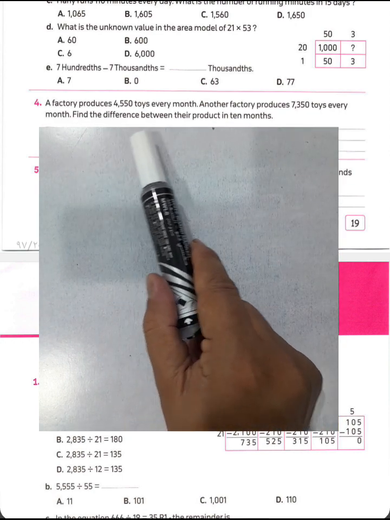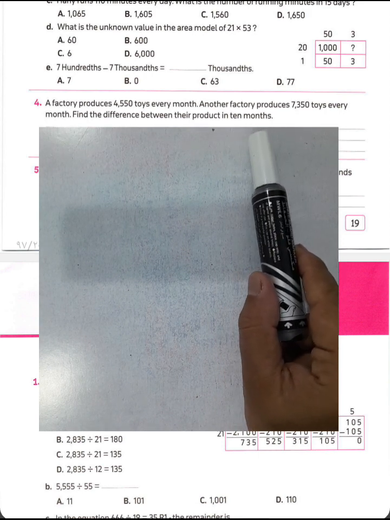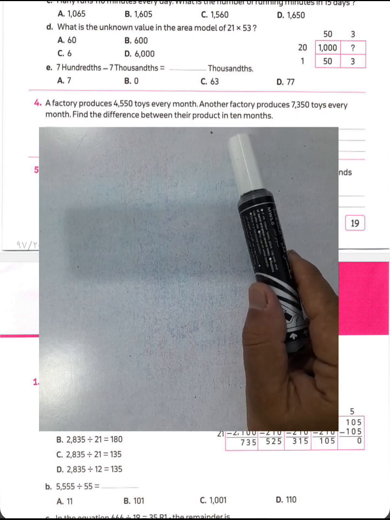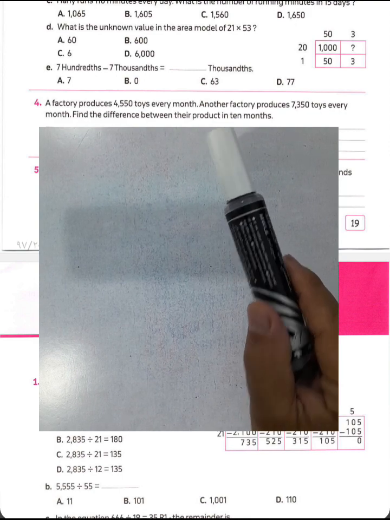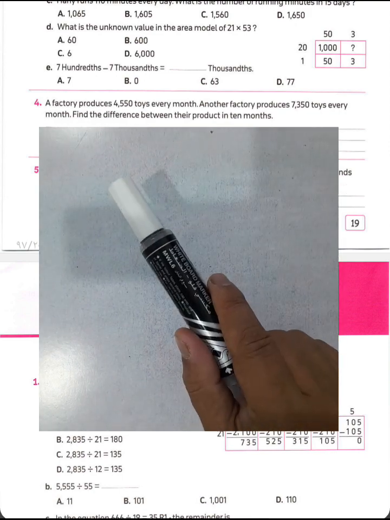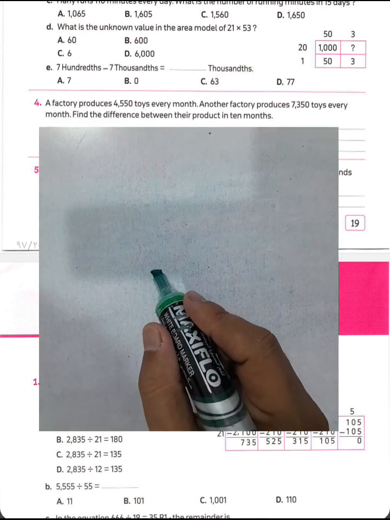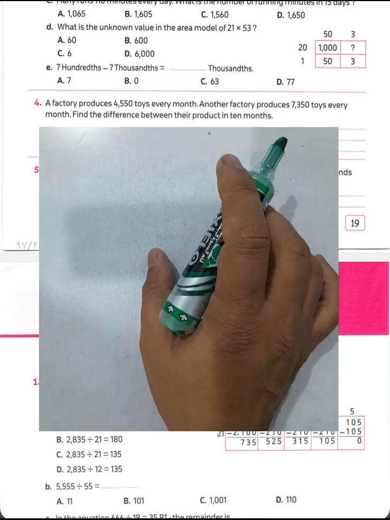Find the difference between their products in 10 months. First step, you can find the difference in 1 month, and then multiply the result by 10 to find the products in 10 months. We can find the difference by subtracting the smallest from the greatest.